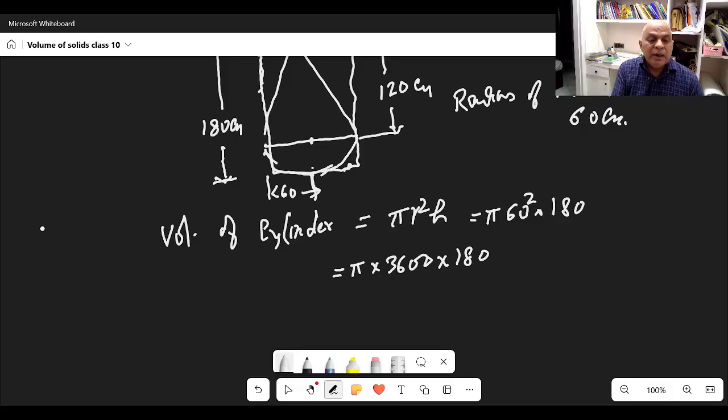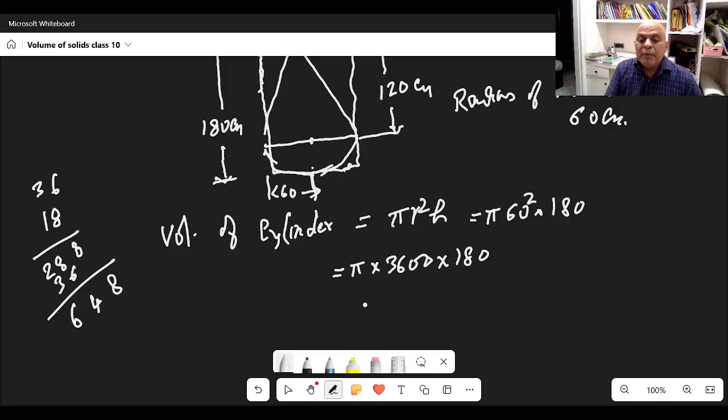Now just multiply 36 and 18: 8 times 36 is 288, and 36 times 10 is 360; adding, we get 648.